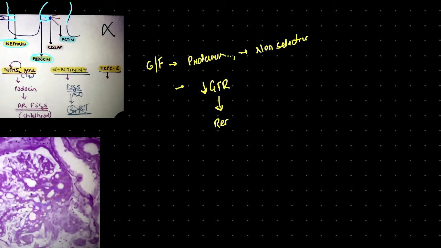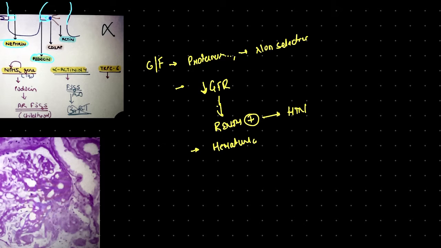That will cause renin-angiotensin system activation, and this will cause hypertension. So another clinical manifestation is hypertension. It will also cause hematuria.